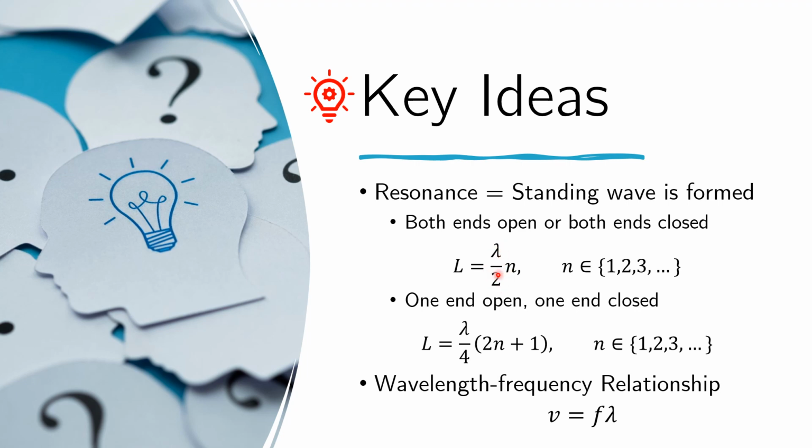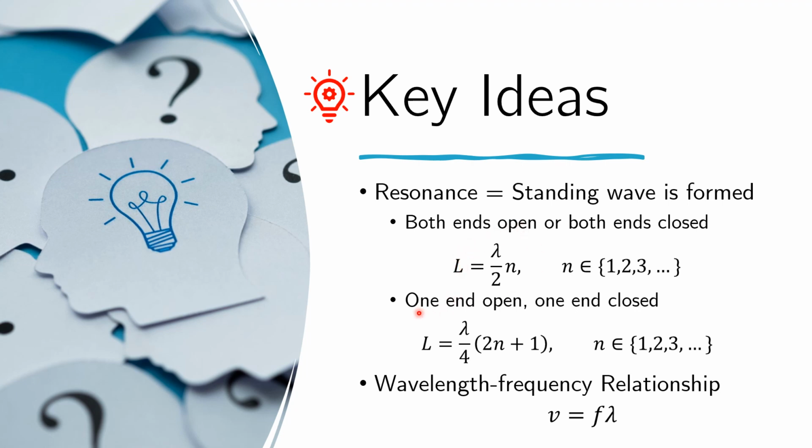So if you know half of its wavelength, you can compute at which lengths of the tube you can get it to resonate. We will not try to derive this here, but we just remember this fact.